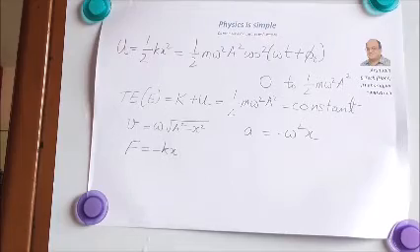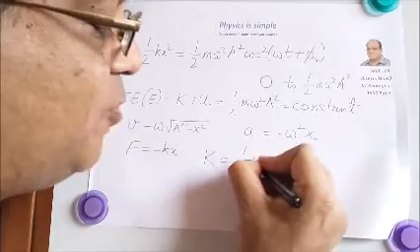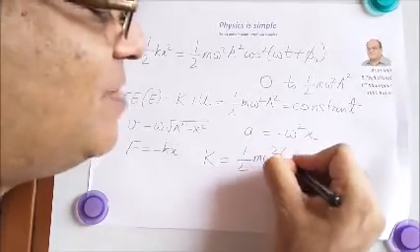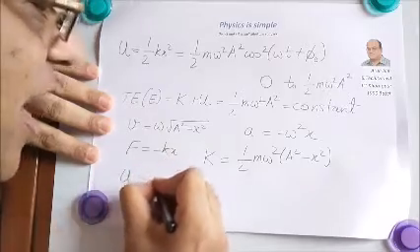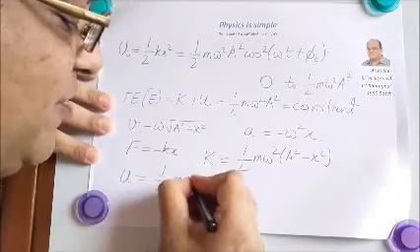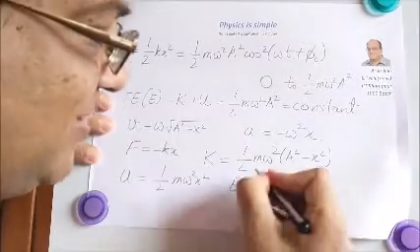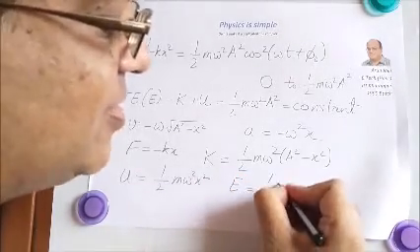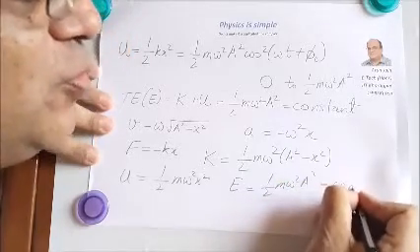Kinetic energy is equal to half mv square, so half m omega square times a square minus x square. Potential energy is half m omega square x square, and total energy, which I wrote earlier also, is a constant, half m omega square a square equal to constant.